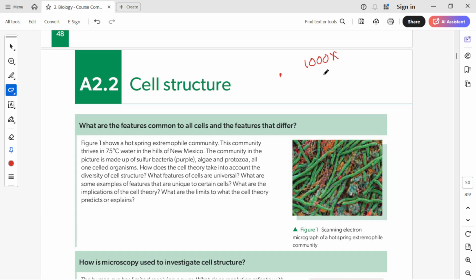Electron microscopes can magnify up to 10 to the power 6, a million times, or even better, like 10 to 50 million times. So that magnification also happened with the help of the electron microscope. We will understand these microscopes in this chapter.